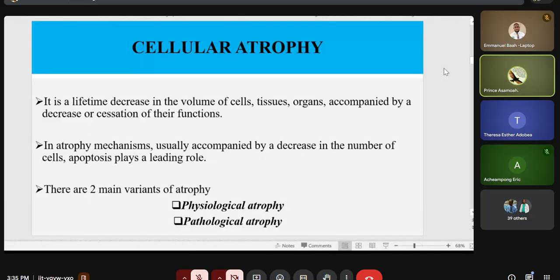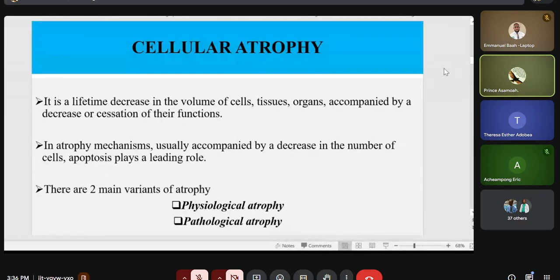We are saying that cellular atrophy is a lifetime decrease in the volume of the cells, tissues, organs, and it is accompanied by a decrease or cessation of their function. Understand this. It is a decrease in the volume of the cell or the tissue or the organ, which is accompanied by a decrease or cessation of their function.